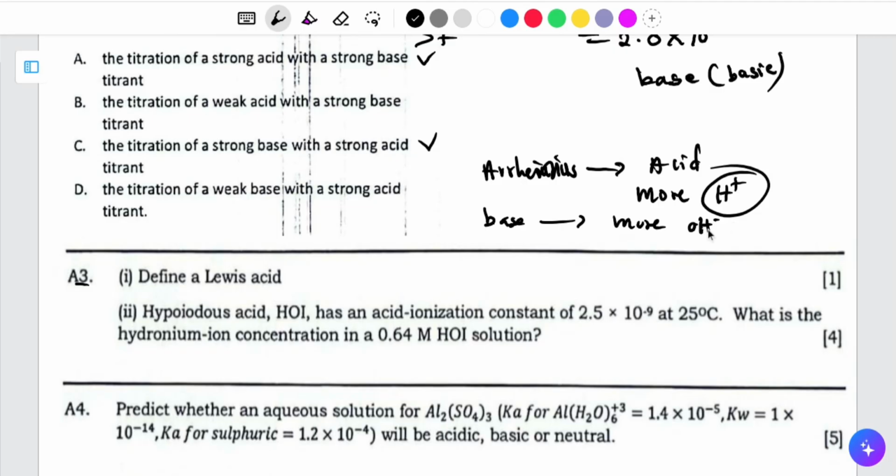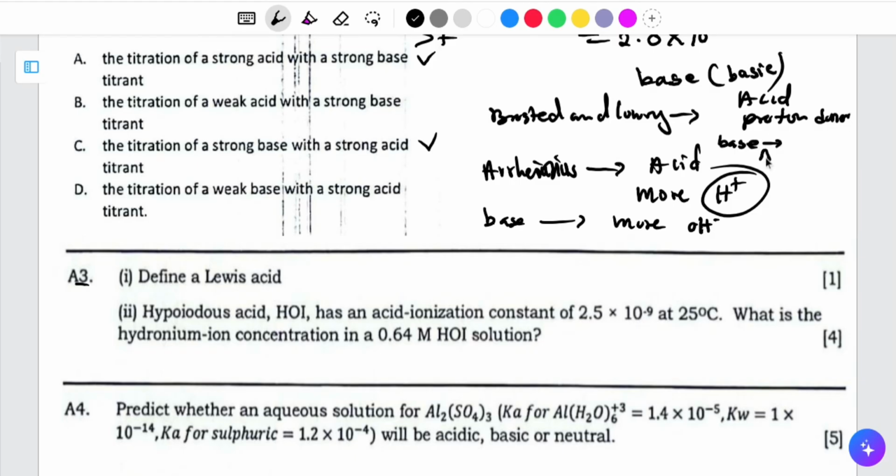Then when it comes to Brønsted and Lowry, this one focuses on the protons. So an acid is a proton donor. Then a base is a proton acceptor.